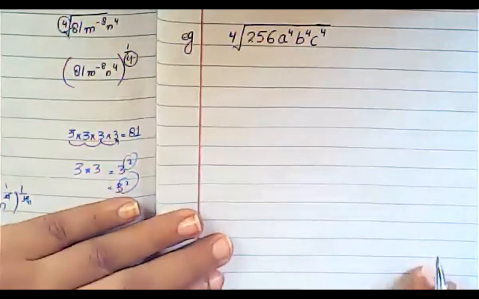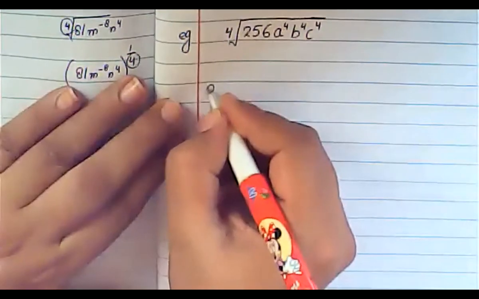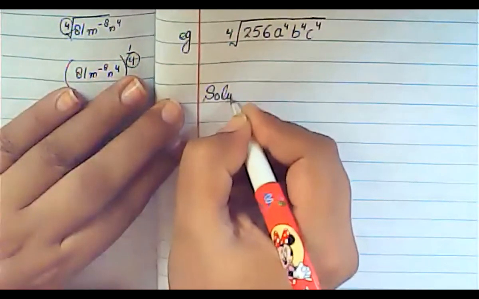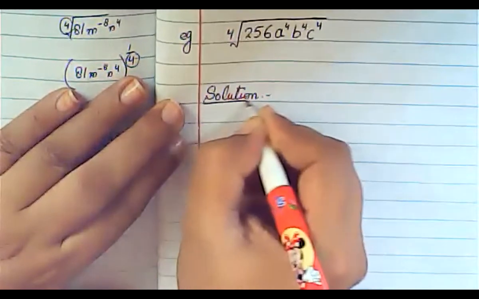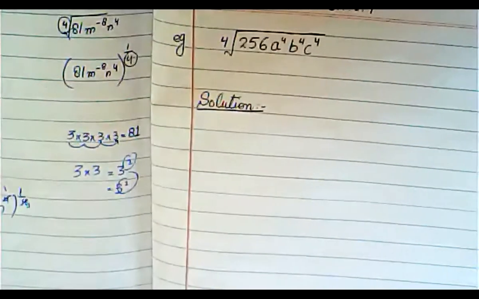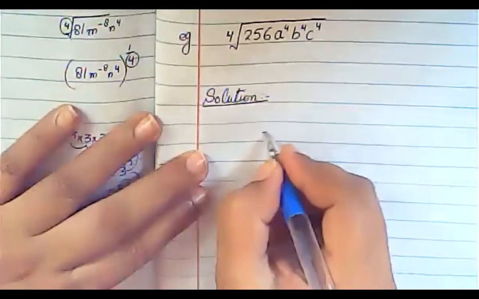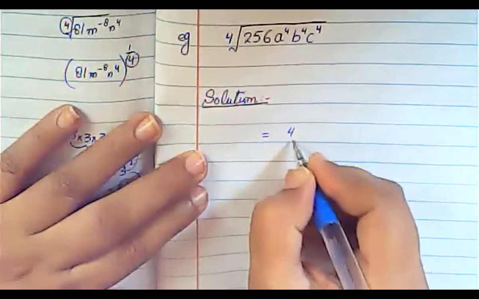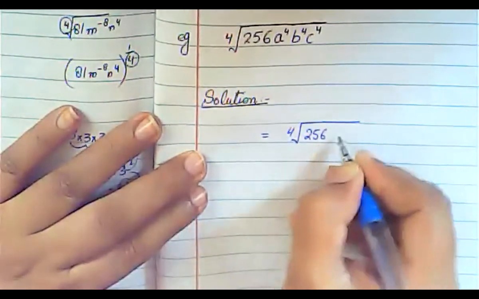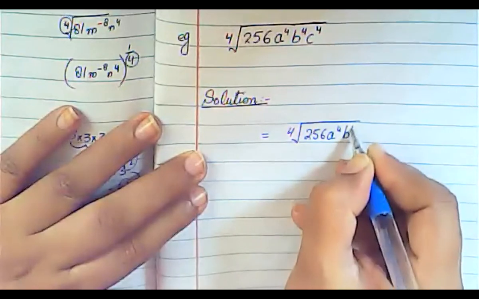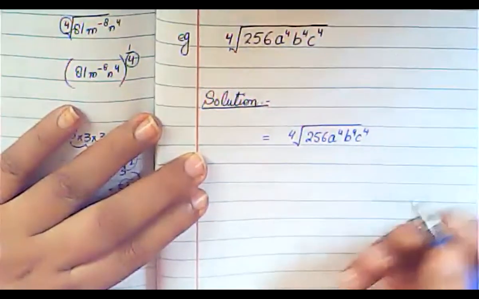Okay. Now we will start with the heading of solution. Right. Now what is your question here? Your question here is basically fourth root 256 A4, B4 and C4.